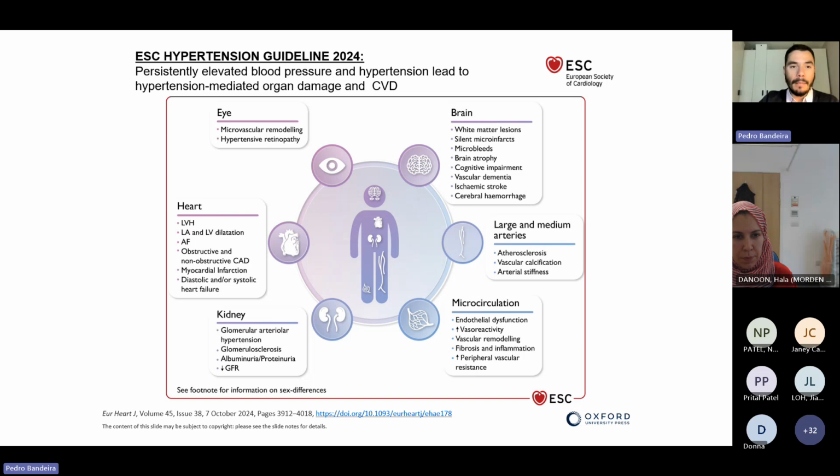And I just dropped this slide here to highlight that it's very important to focus on high blood pressure for patients with comorbidities, because it's associated with a lot of hypertension-mediated target organ damage.